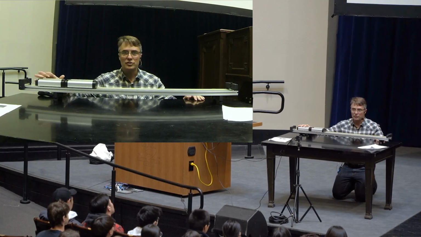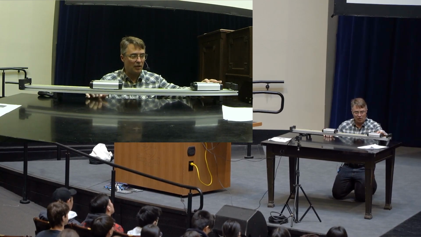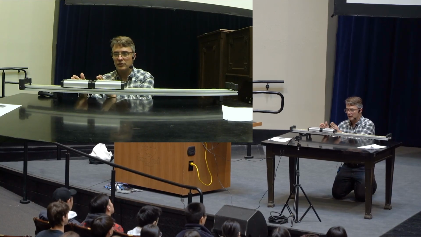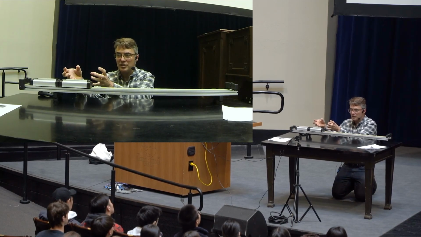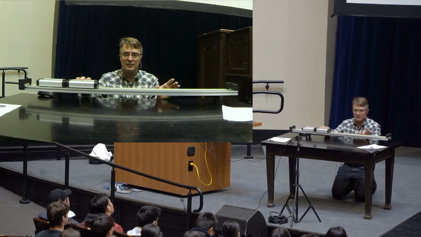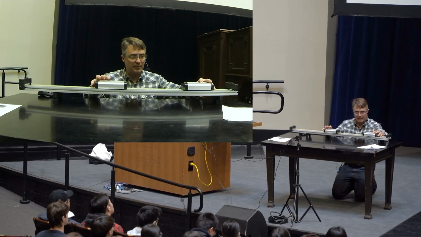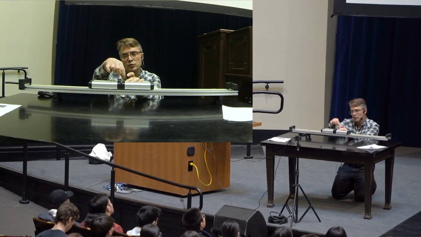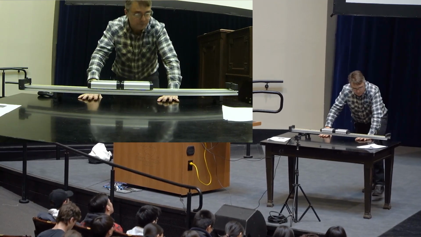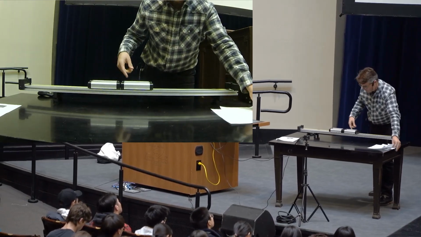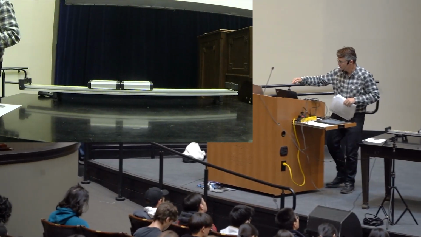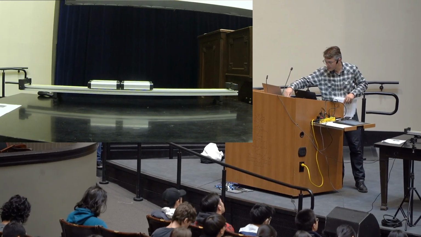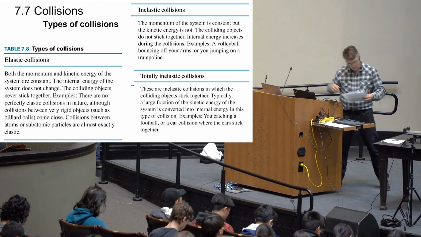So then what happens is that the momentum is conserved, so now the 2 mass conglomerate is traveling half as fast as the original, but the kinetic energy is decreased. So somehow this Velcro has absorbed a bunch of kinetic energy, and now it has internal energy. That's the purpose of the Velcro. So it's called totally inelastic.